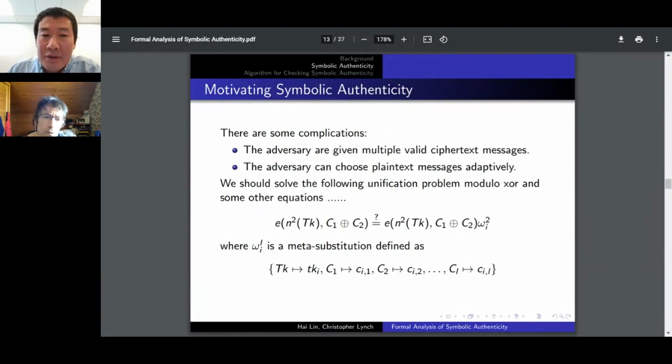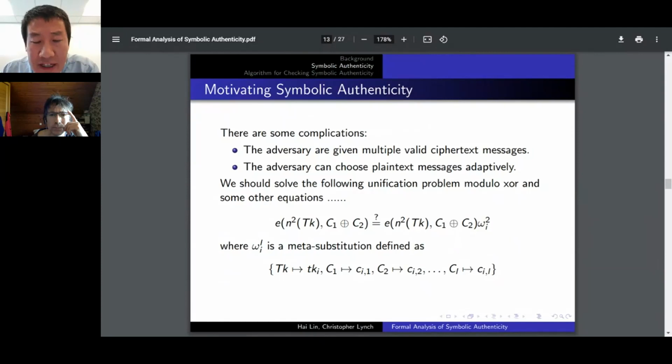But now the adversary needs to send the second plaintext message. Now the adversary can choose the second plaintext message based on what it received. So what this means is that we should solve this unification problem modulo XOR and some other equations.